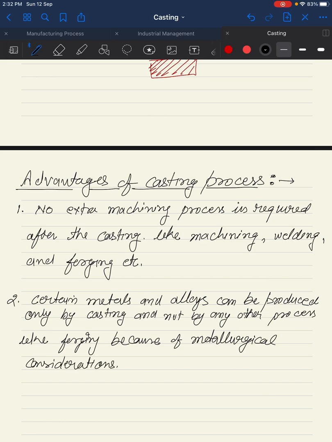Got it? So for certain metals or alloys, you cannot make the product without the process of casting, because they have certain limitations regarding their metallurgical considerations. Got it?